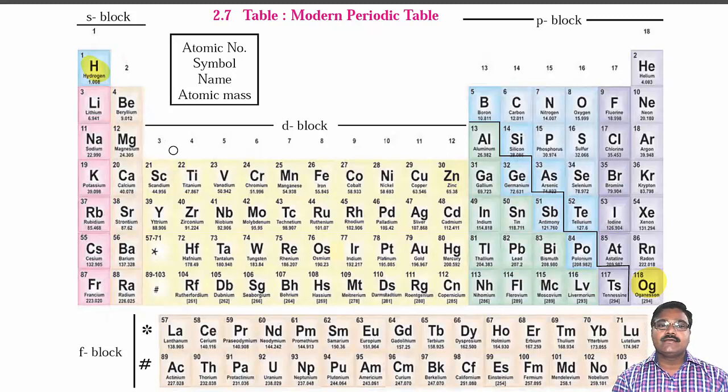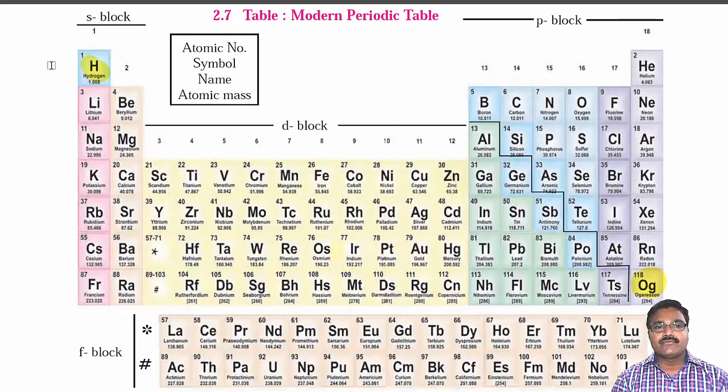Each element is placed in a separate box, and in this way there are a total of 118 boxes. Then you will see there are a total of 7 horizontal lines or rows, which are known as periods.